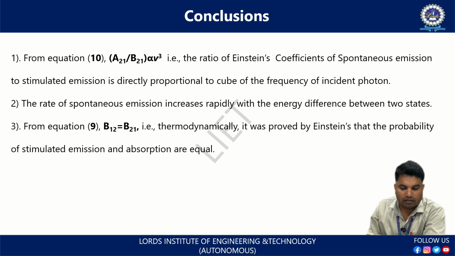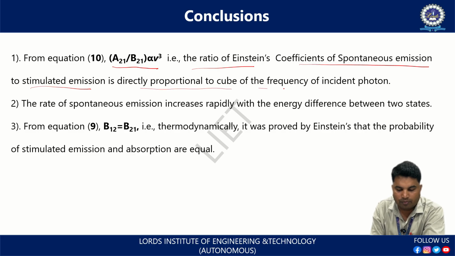Let's see the conclusions related to Einstein A and B coefficients. From equation 10, we have got A21 by B21 is directly proportional to nu cube. That is, the ratio of Einstein coefficient of spontaneous emission to stimulated emission is directly proportional to the cube of the frequency of the incident photon.